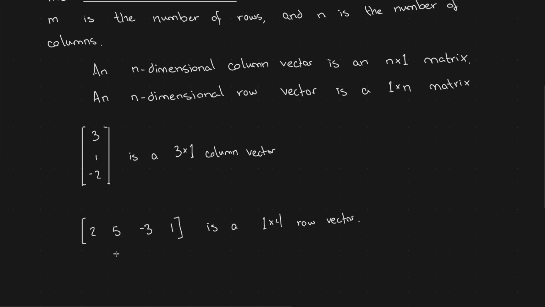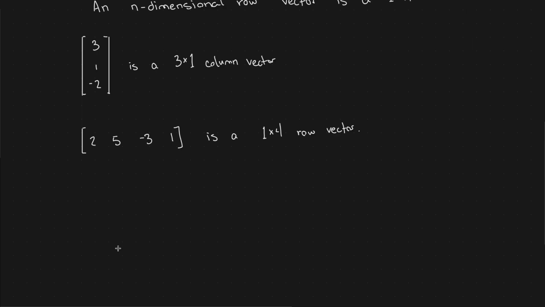We reference the individual entries of a matrix by which row and column they're in. Okay, so for example, if I have a matrix A, I might write it this way. And this says, hey, I'm focused on the individual entries of the matrix A in the ith row and the jth column.